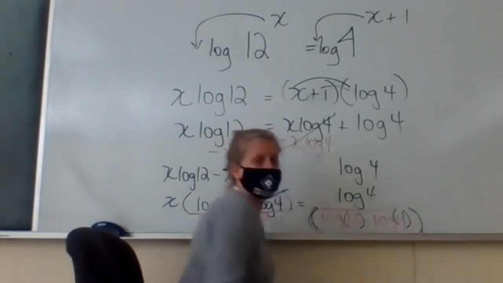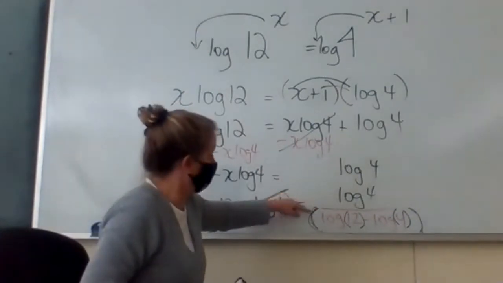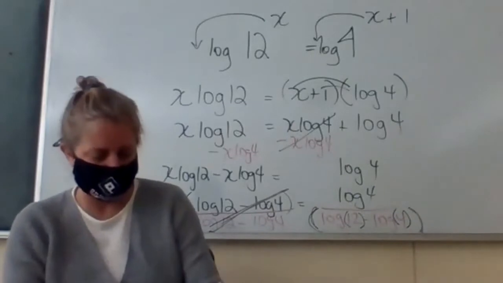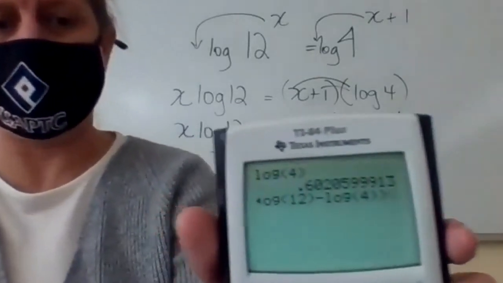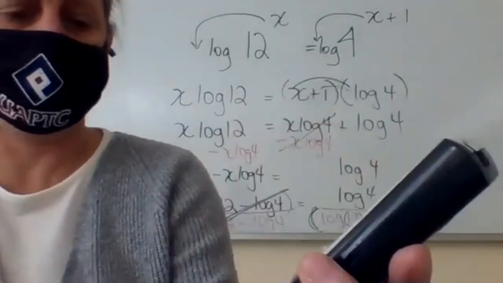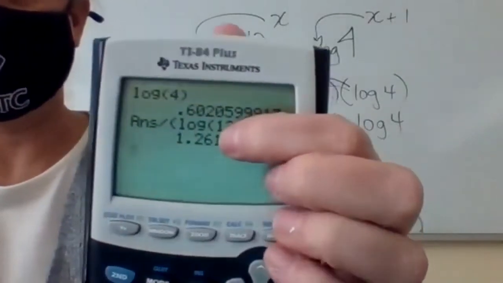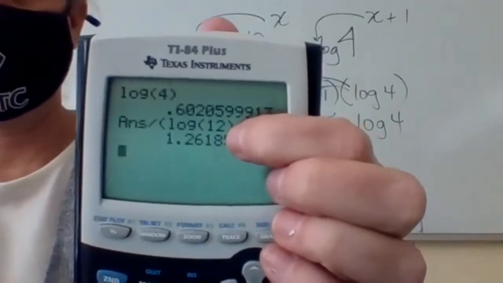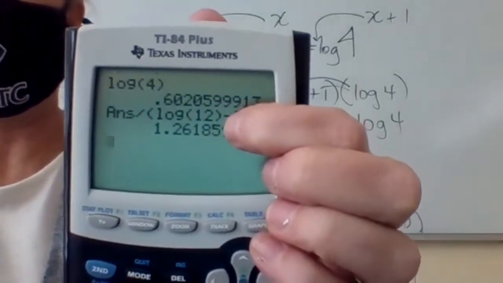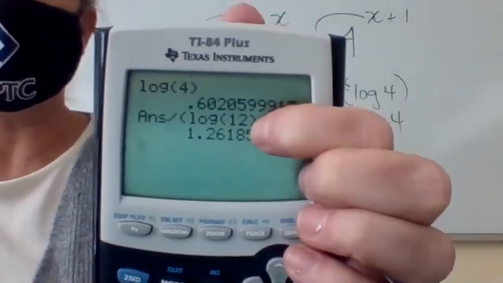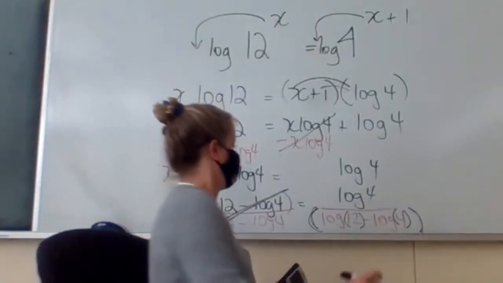I need another closed parenthesis to close this open. So close, close at the end of that. And then hit enter. And round it to 4 decimals. 1, 2, 3, 4. So after the 8 is a 5. So the 8 will round up to a 9. So 1.2619.